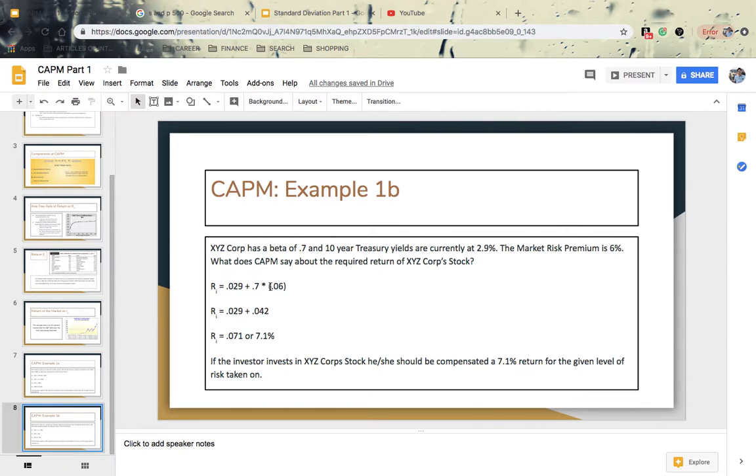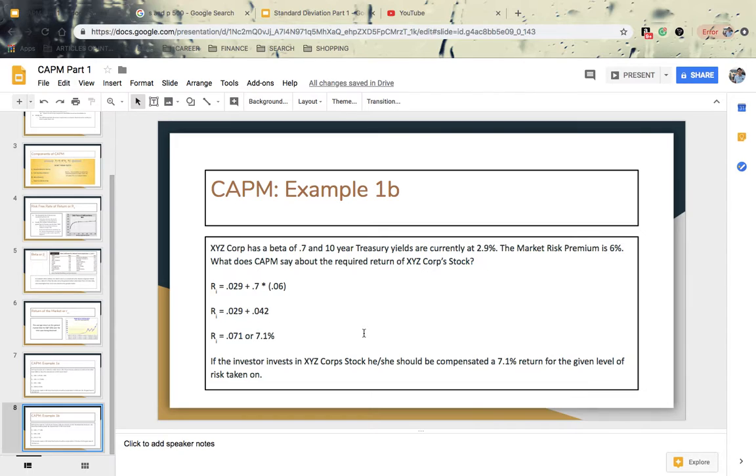All you do is put in the market risk premium, 6%, times your beta, 0.7, plus the risk-free rate of return, 2.9%. Put it all together, and your answer is 7.1%, which means CAPM, the Capital Asset Pricing Model, tells us that if the investor invests in XYZ Corp stock, he or she should be compensated a 7.1% return for the given level of risk taken on.